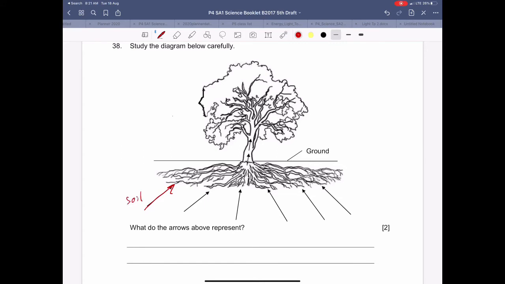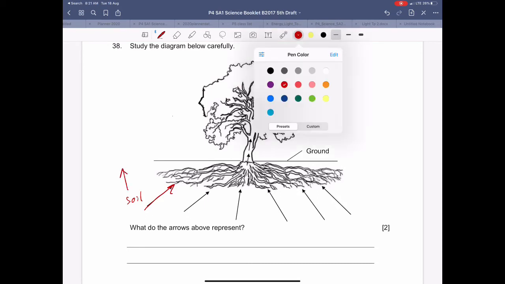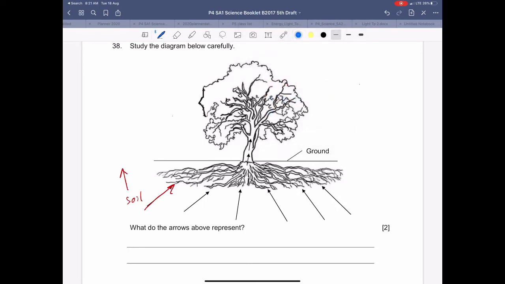So you need to understand what is in the soil. In the soil, you should know that there are actually two things: water and dissolved mineral salts. So these are the two things that come from the soil.